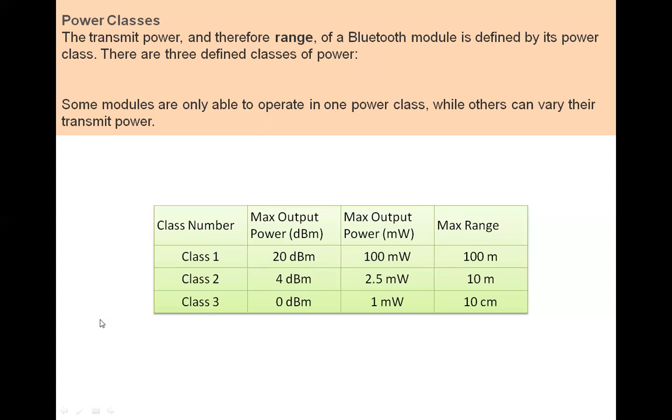As per the classes, you can find the range of Bluetooth devices. In class 1, you can see 20 dBm maximum output power. Similarly, 100 milliwatt power will be there, and it is for 100 meter maximum range.